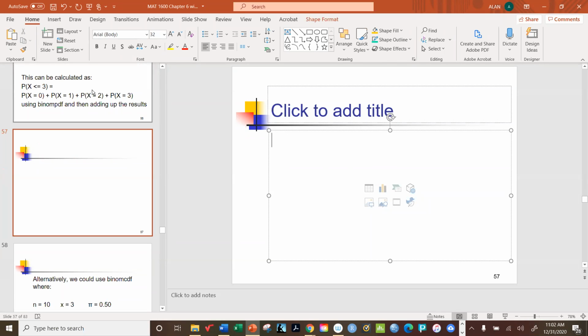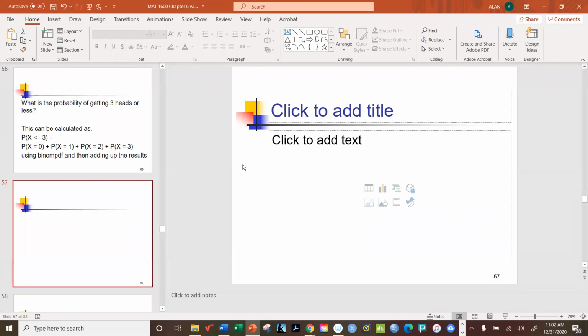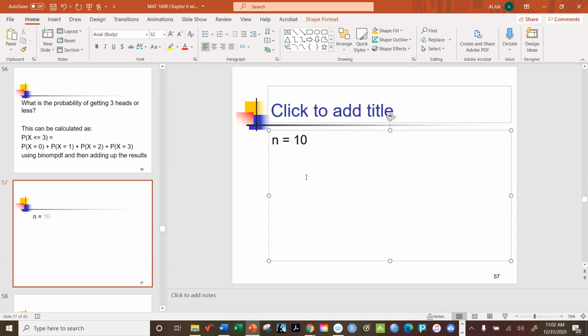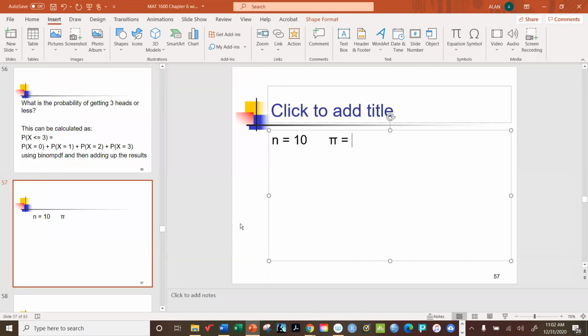So we're going to start by calculating this probability by actually calculating each individual probability and then adding them up. For example, we know here that n is 10 because there's 10 flips. Pi is 1/2 because the probability of getting a head is 1/2.